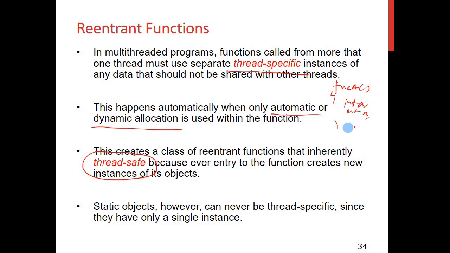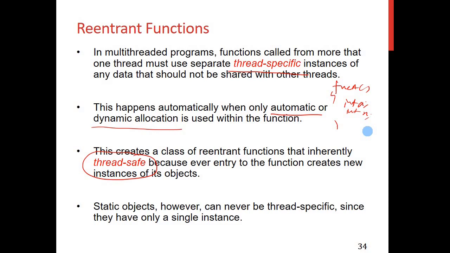Or if I use a malloc function here, these are all created when I enter the function. The moment I exit the function, they effectively disappear because they are on the stack. So functions where you create variables only within the function space use automatic variables, and those are thread safe.